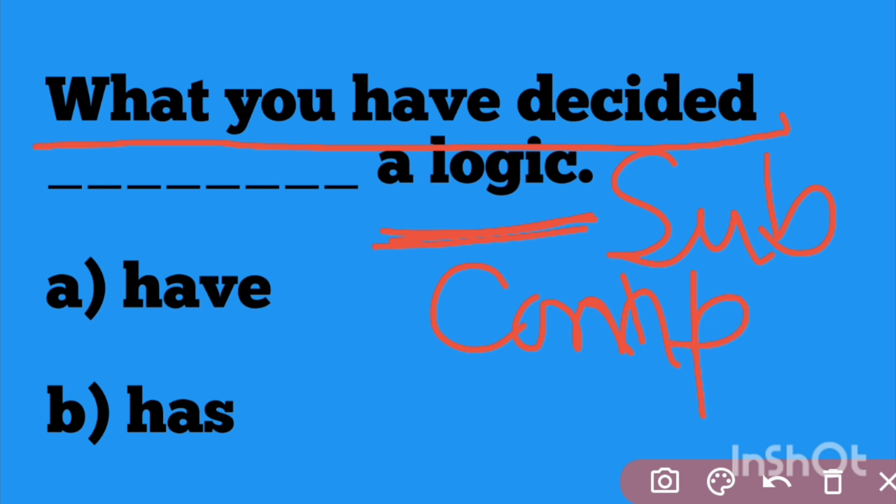And we have to choose have or has. Friends, here have or has is the main verb, because there is no other verb in this sentence. Friends, this entire clause is the subject of this sentence. So obviously it's a noun clause.